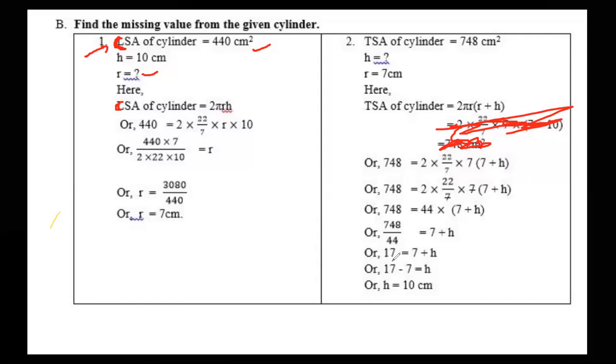Yes, 17. Now 7 plus h is the remaining number. 17 minus 7 is equal to h. That means h will be equal to 10 centimeter.